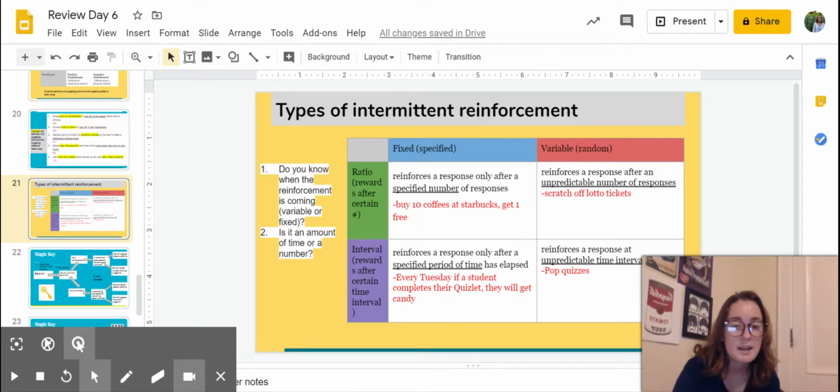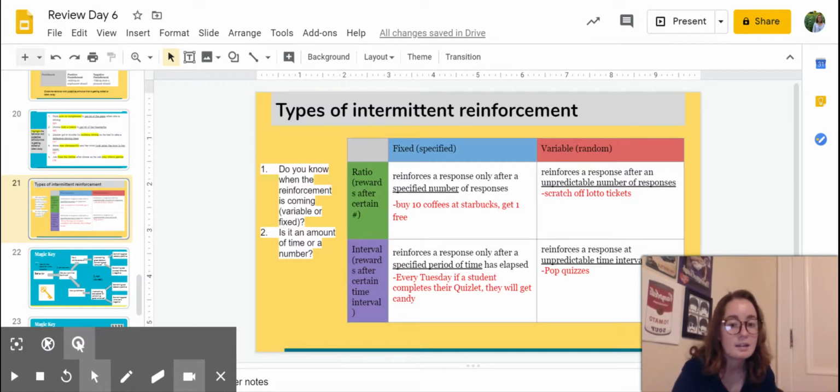So it's a specified number. An example here is, if you're buying 10 coffees at Starbucks, you'll get one free. It's very clear. It's based on a set number. If you buy 10, you will get one.